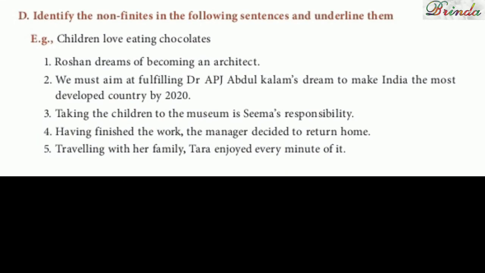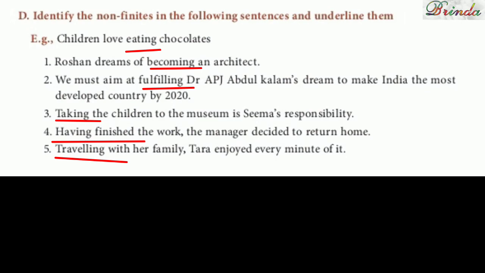Identify the non-finites in the following sentences and underline them. Example, children love eating chocolates. So here, eating. Okay, that is the only non-finite. Next one, Roshan dreams of becoming an architect. Here, that is becoming. Second one, we must aim at fulfilling Dr. APJ Abdul Kalam's dream to make India the most developed country by 2020.